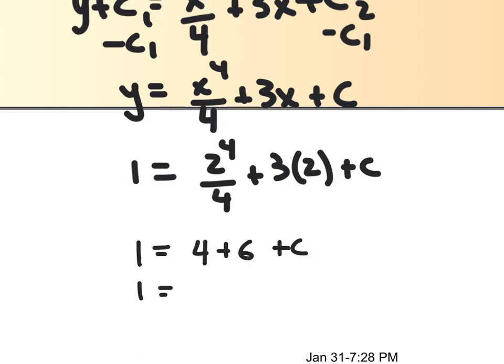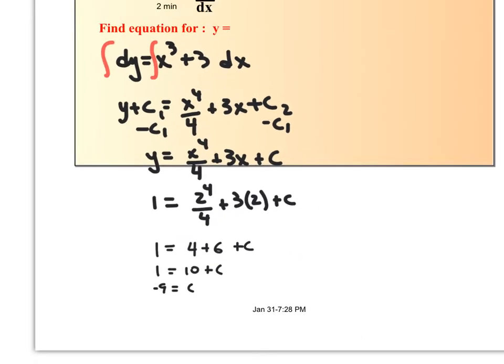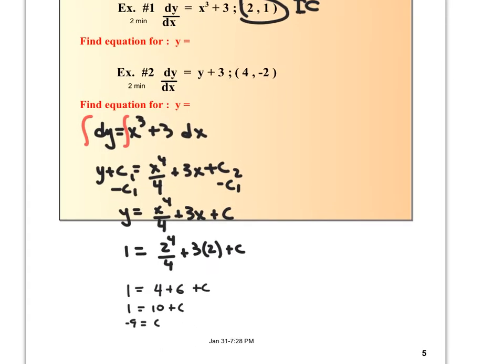Therefore, 1 equals 10 plus c, so c equals negative 9. So now I can write my particular solution for this. It's going to be this with negative 9 plugged in for c. So I'd have x to the 4th over 4 plus 3x minus 9. That would be our solution with that initial condition, whose derivative is dy dx.